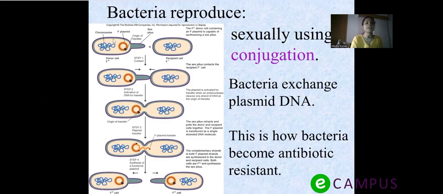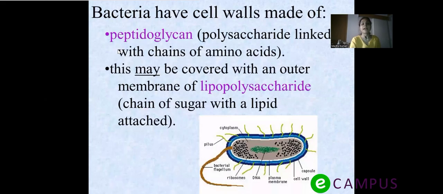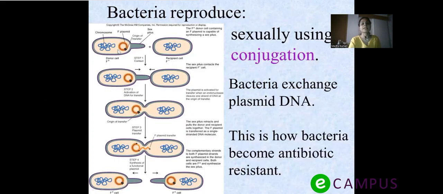See here, this is the bacteria. This is the donor F plus cell, right? This is the recipient F minus cell. The F plus cell has a plasmid, the F plasmid, whereas the recipient F minus cell doesn't have the plasmid.